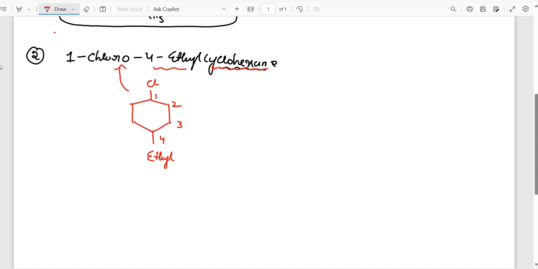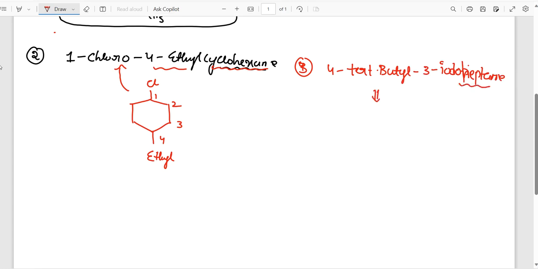Now let us try to understand the third one, 4 tertiary butyl 3 iodoheptane.